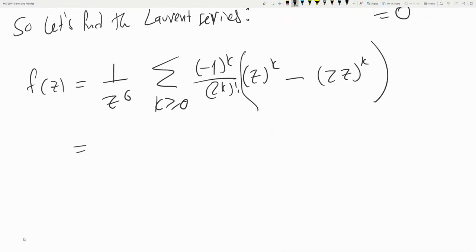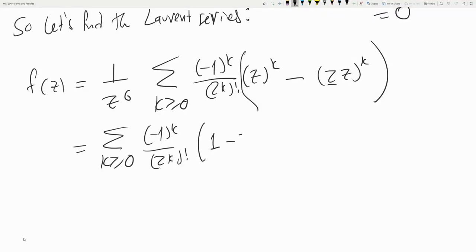Now let me take out the 2 and let me bring in the z to the 6. So this is 1 minus 2 to the 2k, and then z to the 2k minus 6.